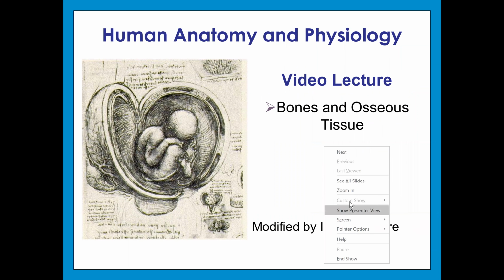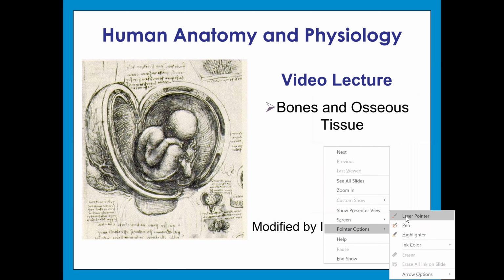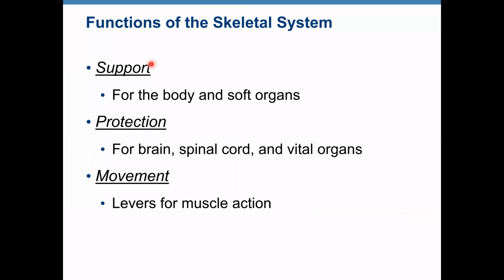Okay, I'm gonna pick up my pointer. So functions of the skeletal system include support for your body and for soft organs, protection, protect your brain, spinal cord, vital organs, movement.